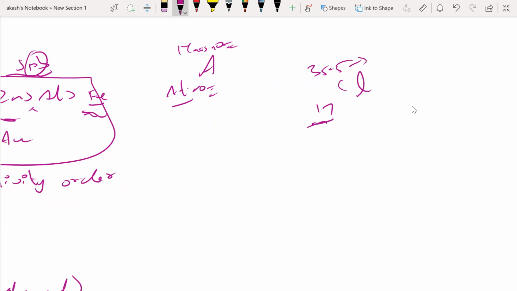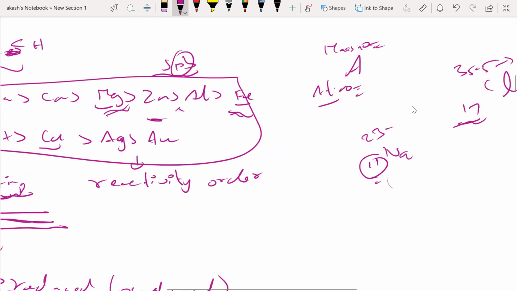This is your mass number. This is your atomic number. For example, sodium, I'll write 23, 11. 23 is the mass number and 11 is the atomic number. Obviously, to decide whether something is a metal, you have to take only the atomic number and write the electronic configuration. So now you can ask this question.